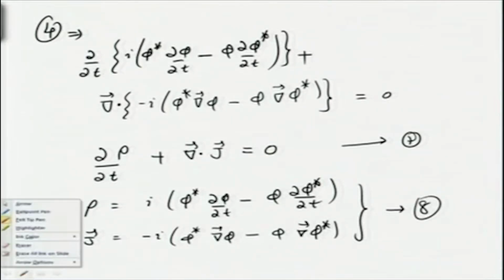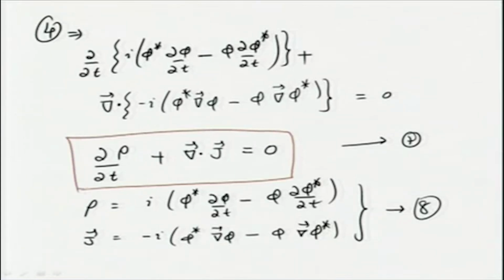So, this is a very compact notation, a compact equation. You must have seen such an equation in earlier discussions under different topics. This is what is called the continuity equation.